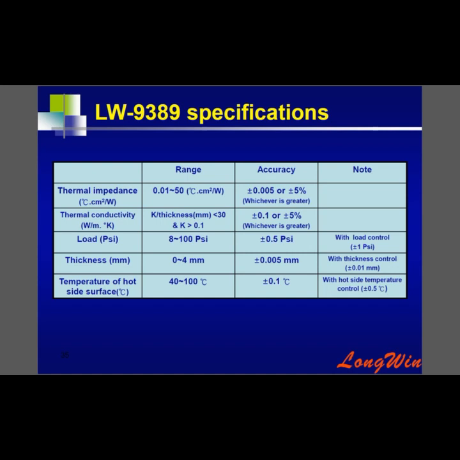The measuring range of thermal impedance for Longwing's Team Tester is from 0.01 to 50 degrees C square centimeter per watt. And the accuracy is 0.005 or 5%, whichever is greater.